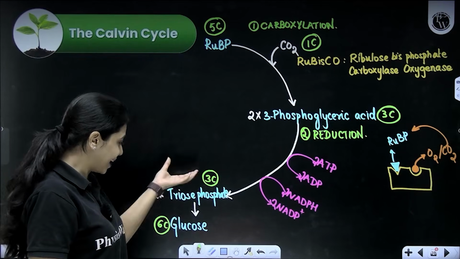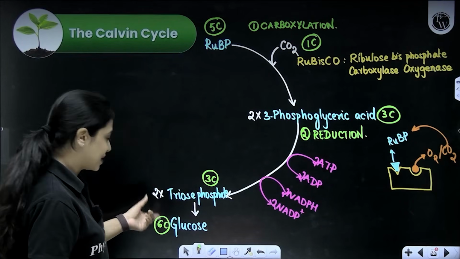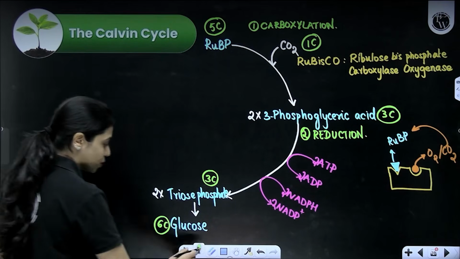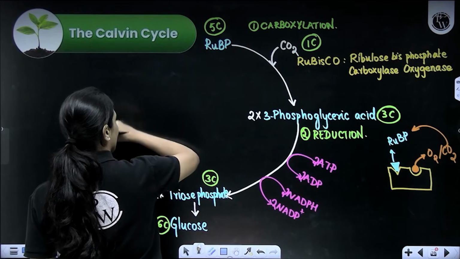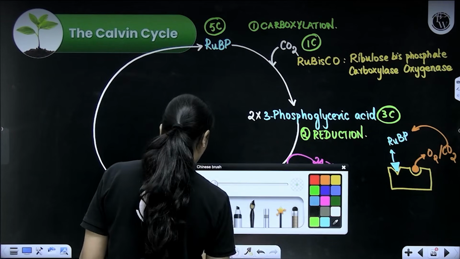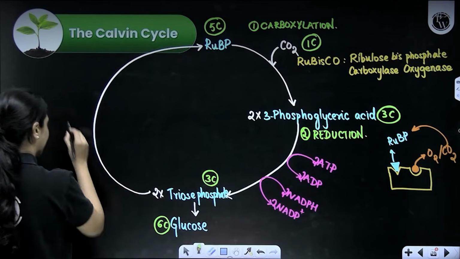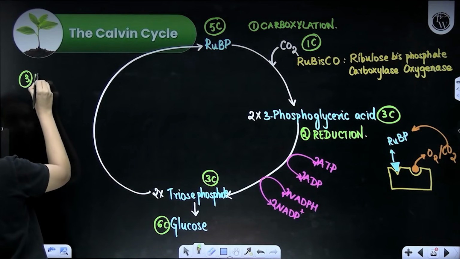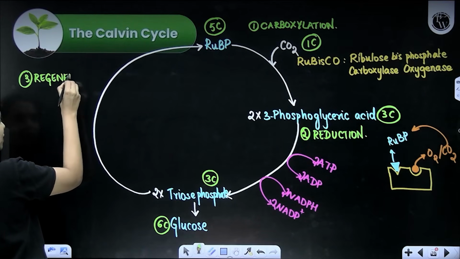So this cannot directly be used for the formation of glucose. Of the 6 carbons here, 5 carbons will be utilized to regenerate RUBP. That step is called regeneration. For continuous operation of Calvin cycle, RUBP has to be regenerated, and that is our third step here. We call it regeneration.